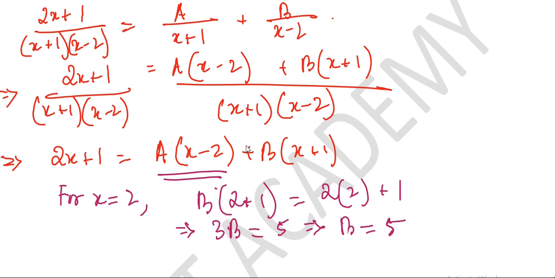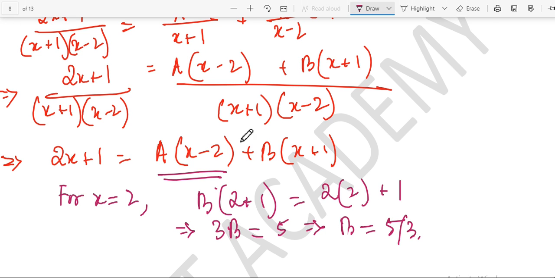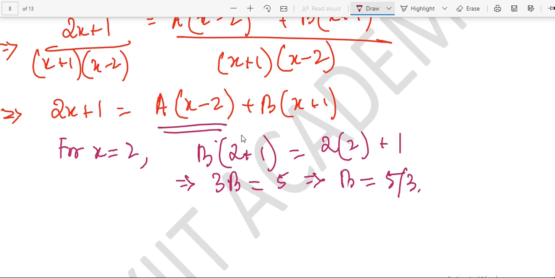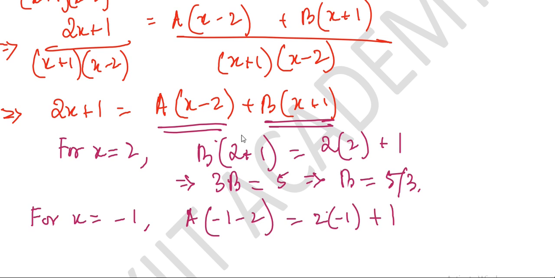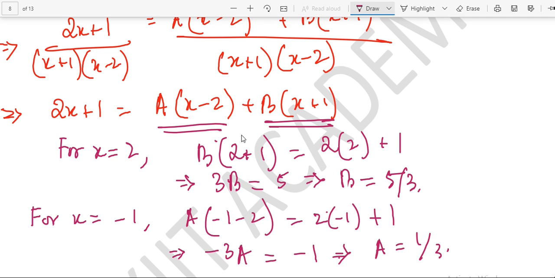So b is 5 by 3. And similarly, make this term 0. So for x equals minus 1, we have minus 1 minus 2 equals 2 into minus 1 plus 1, which is minus 3a equals minus 2 plus 1, which is just simply minus 1. So a is 1 over 3.